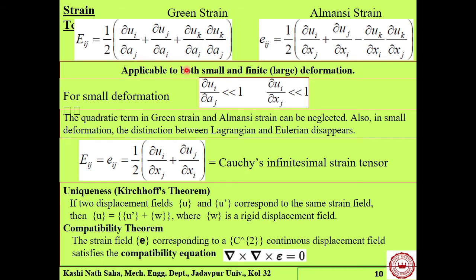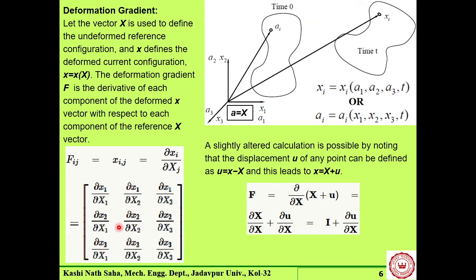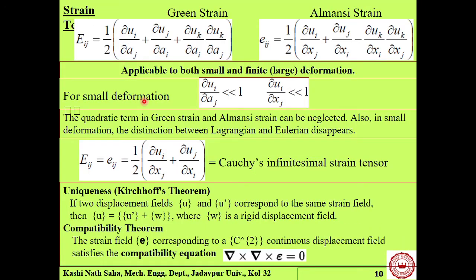And what happens when both are small, when we are taking a linear relation between strain and displacement? These individual components are much less than 1. So if that is the case, then their multiplication, between these two terms, much less than 1, is too much less than 1. 0.1 into 0.1 is 0.01.